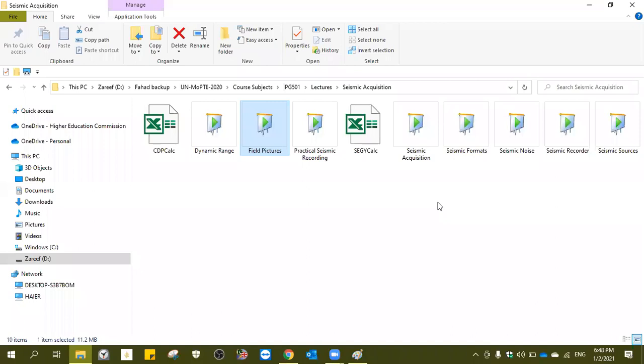The first one is basically the upstream activity, the third one is the midstream activity, and the last one is the downstream activity.